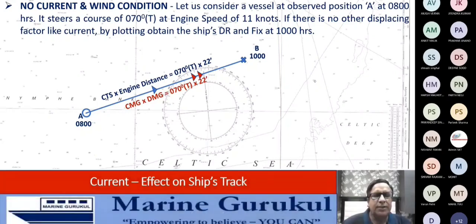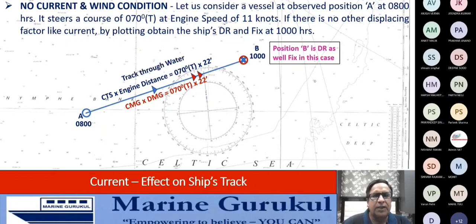So in this particular case, CMG is same as CTS, DMG, distance made good, is same as engine distance, and this position B happens to be also the fix of the vessel at 1000 hours. So position B is both DR as well as fix. Then we have track through water, which is represented by CTS and engine distance.